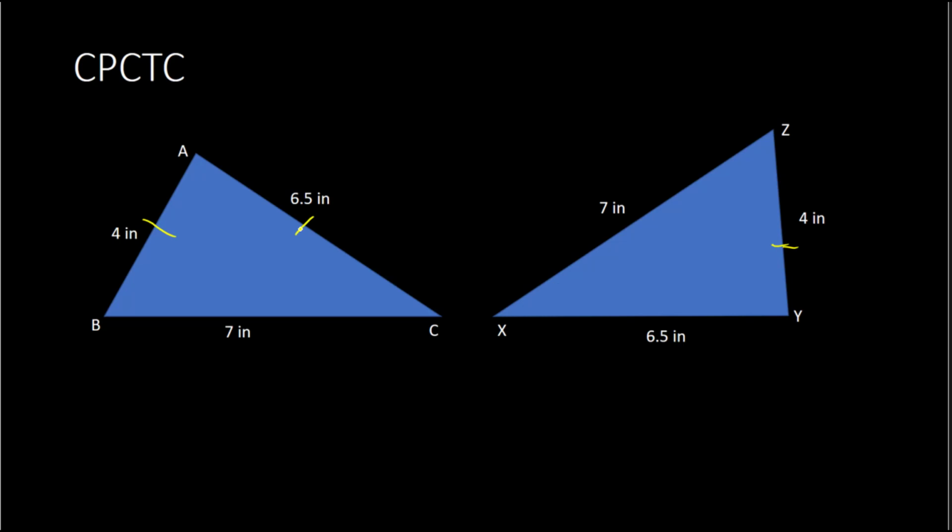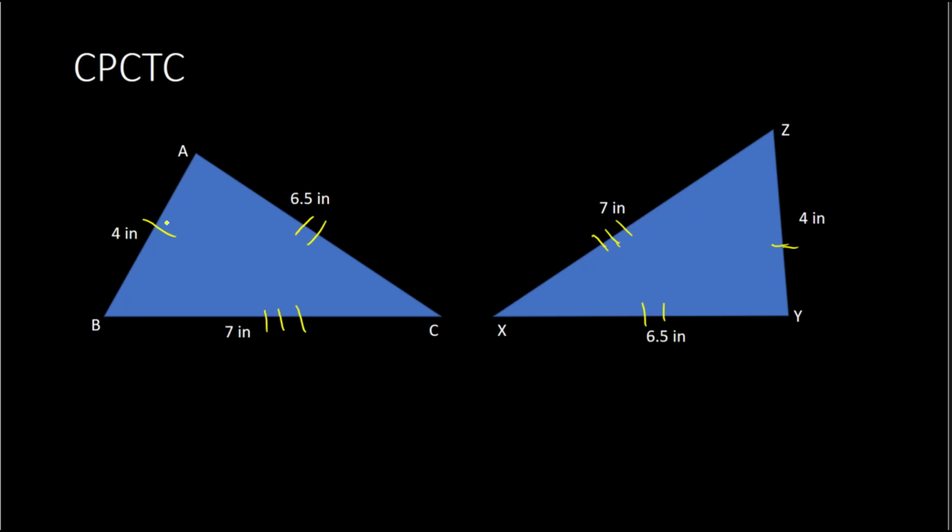The 6.5-inch side goes with this 6.5-inch side. And the 7-inch side goes with this 7-inch side over here. So when you draw this, you can put the lines through it to show that those particular sides are congruent. So the sides with 1 line through it are congruent, the sides with 2 lines are congruent, and the sides with 3 lines through it are also congruent.